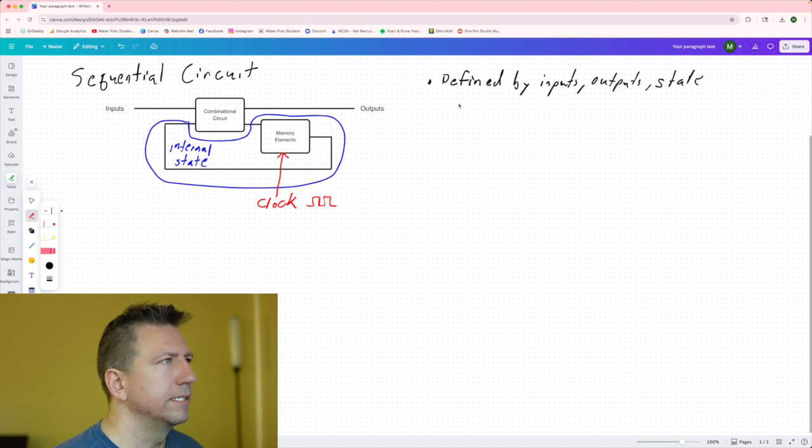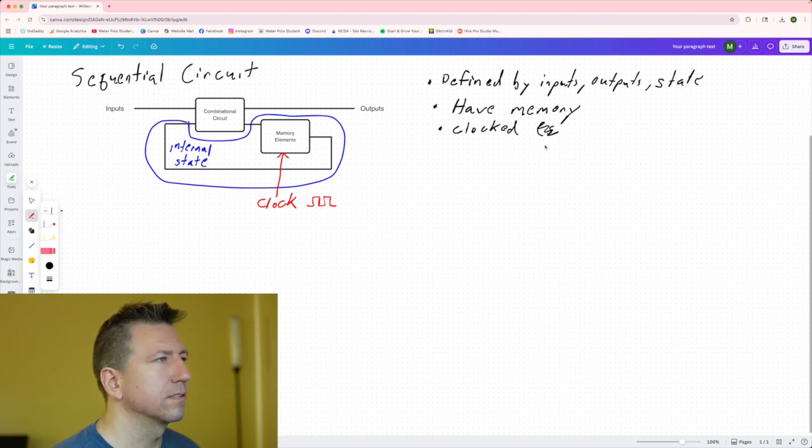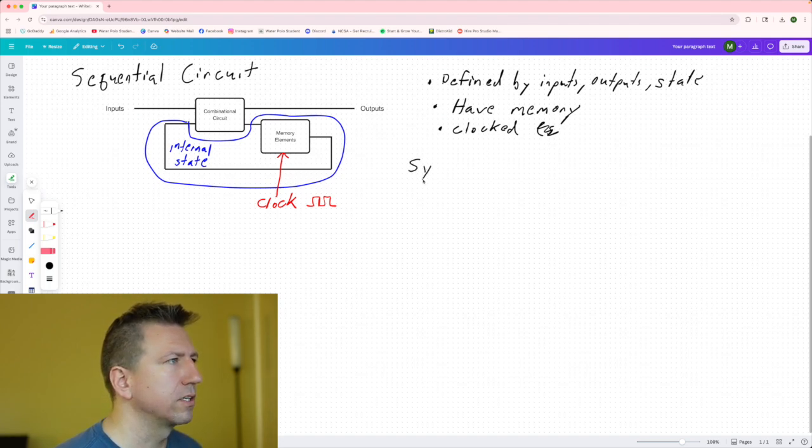Okay, and they have memory. And they are clocked for synchronous. Well, I guess they're clocked either way. Okay, so let's just talk about synchronous.